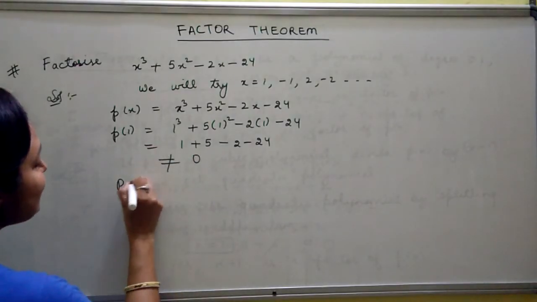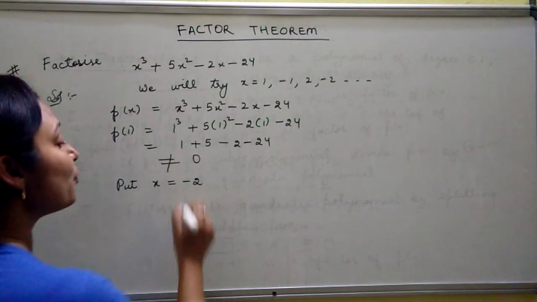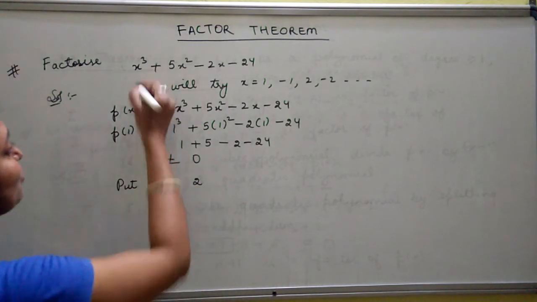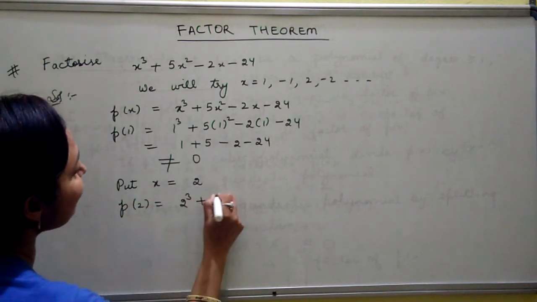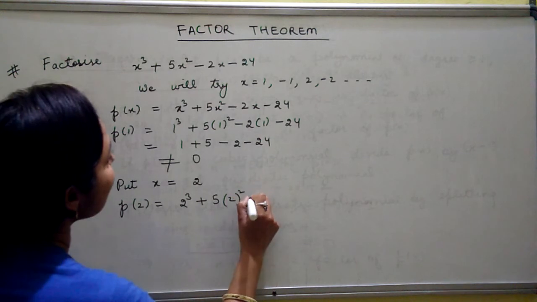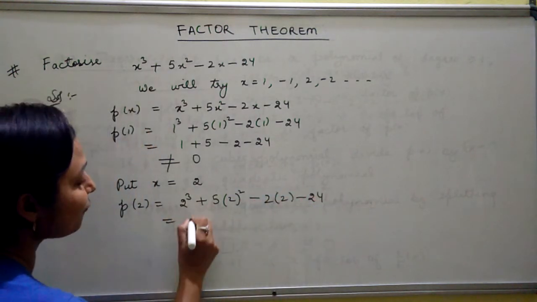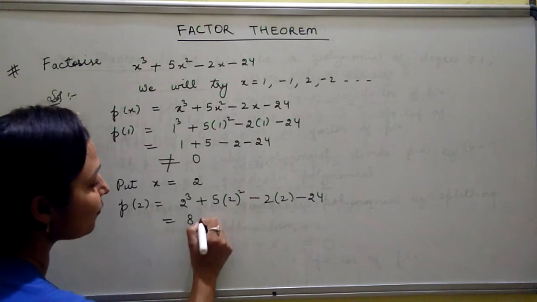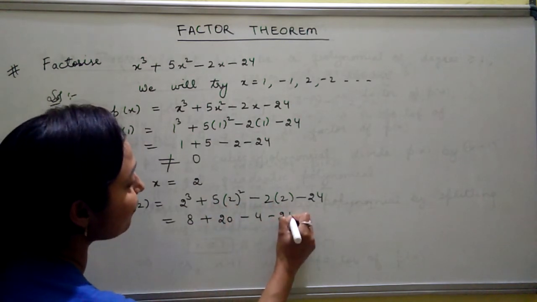Put x equals 2: 2 cube plus 5 times 2 square minus 2 times 2 minus 24. 2 twos are 4, 4 twos are 8, 4 fives are 20, minus 4, minus 24.